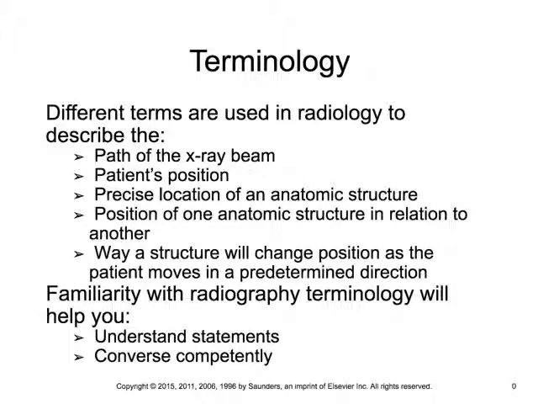The angle of the tube, the central ray, the focal spot size, and whether there was magnification or any other kind of distortion due to part misalignment. Patient's position: were they appropriately positioned? Do we need to move things inferiorly or superiorly, caudally or cephalically? Those terms can be kind of interchangeable.